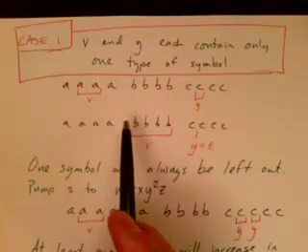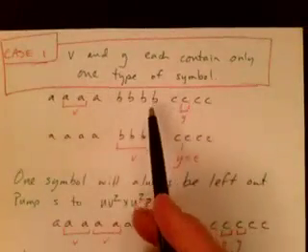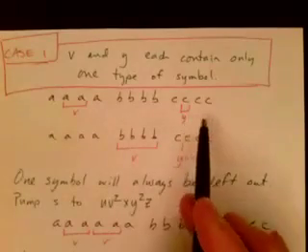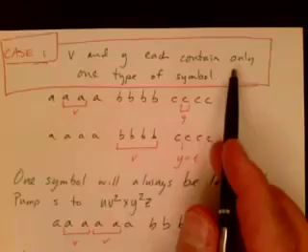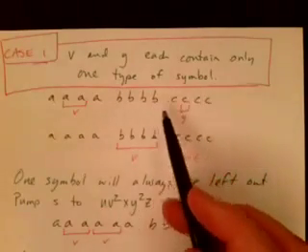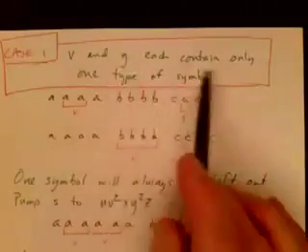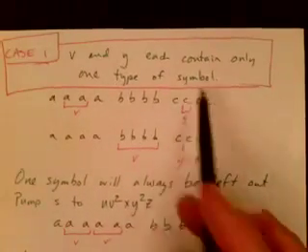And we'll look at that in a second. But in the first case of ways to break this string into U, V, X, Y, and Z, we're going to assume that V and Y each contain only one kind of symbol. And our case 2 will handle all other cases, namely where either V or Y or both of them contain 2 or more different symbols.